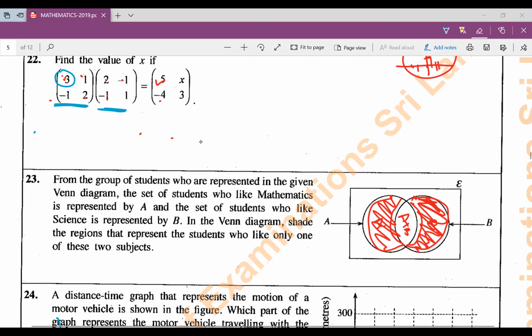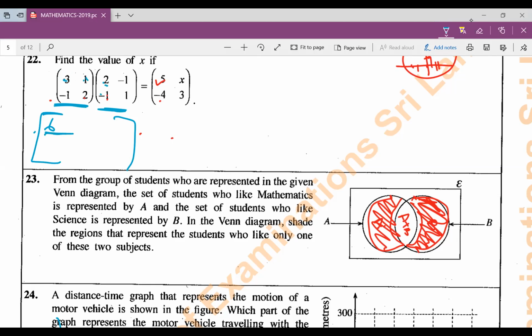So see, this is 3 and 2. When this one is 3 times 2 is 6, and you have to multiply for this part.